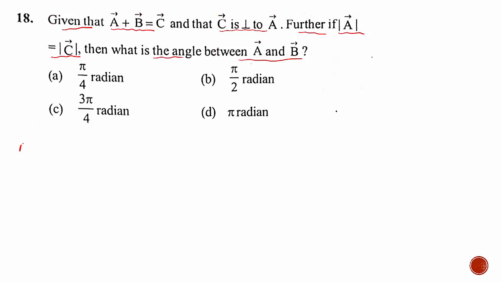The first condition is given, vector A plus vector B equal to C, right? Then they had given C is perpendicular to vector A. Third condition, mod of vector A is equal to mod of vector C. So these three conditions we have to use here.